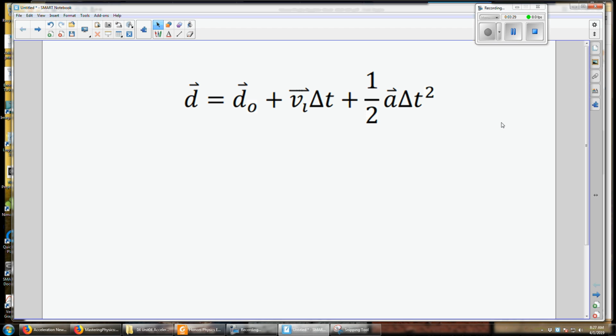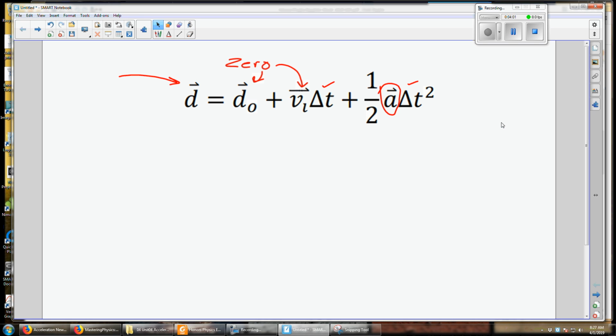I'm going to assume in my case that the tongue starts at 0 in position and also 0 in initial velocity. They told me my time, so I have that. And they told me my final location. So the only thing I'm left with is acceleration. Plug it in and I'm done.